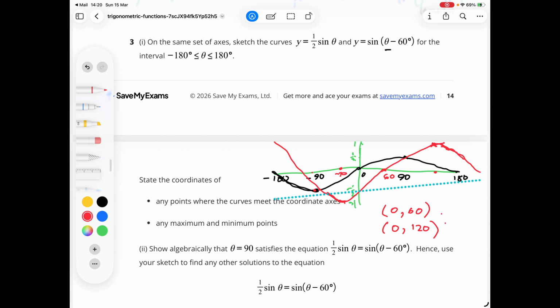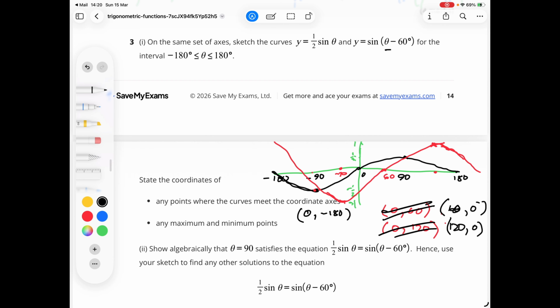The black one meets it at 0, minus 180. Good Lord, this is the other way around. So it's 0, 60, 0, 120, 0, and minus 180, 0, and 180, 0 is where they meet. And then the black one meets the y-axis at 0, 0. And this one meets the axis when that equals that. That would be going through.